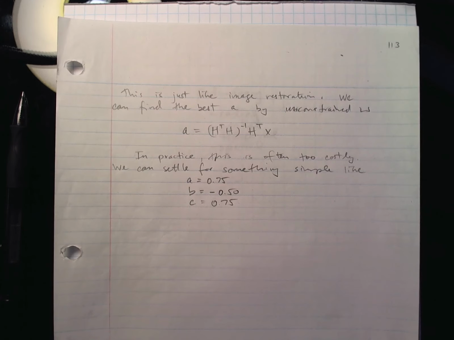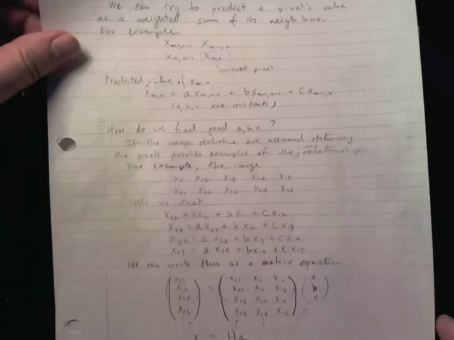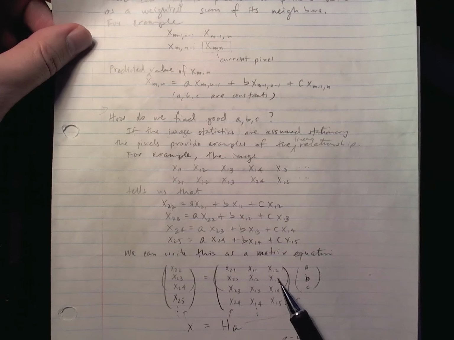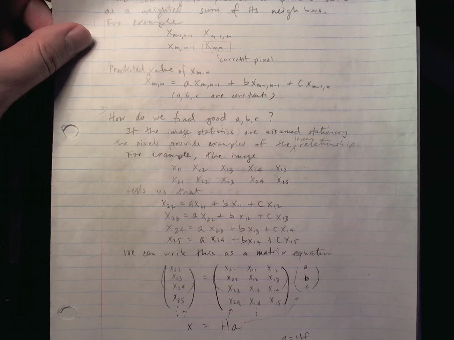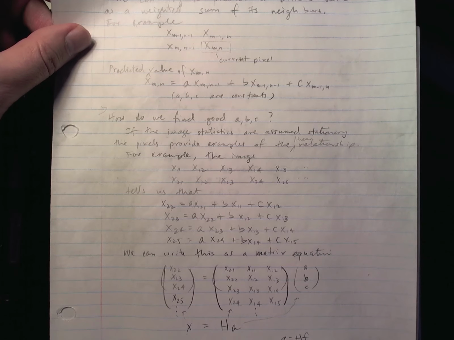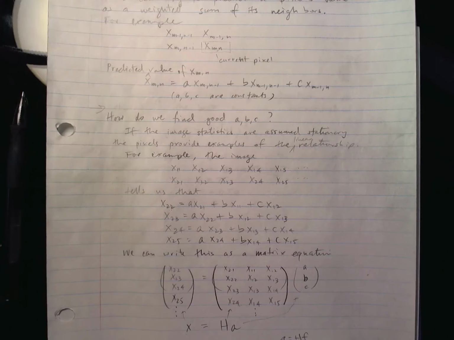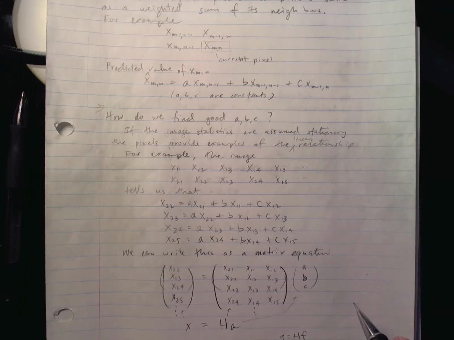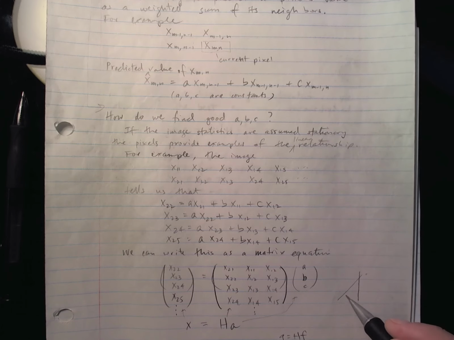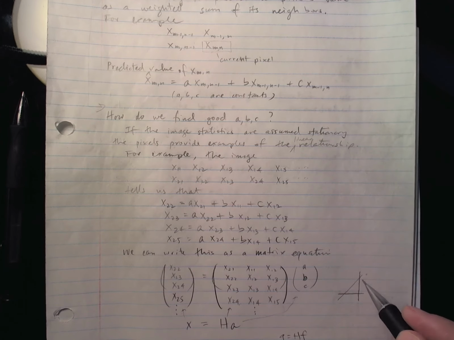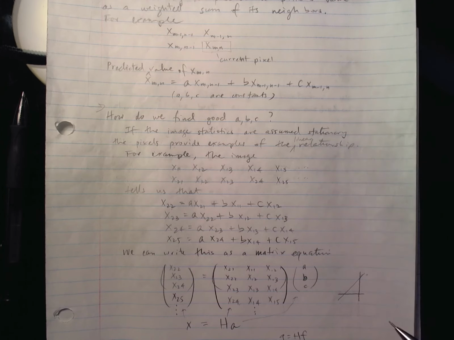Now, in this problem, if we have enough pixels as examples here, we can have a very overdetermined problem. And if you'll remember in least squares what happened when we had an overdetermined problem, do you remember the example where we had several linear equations and they didn't intersect because of noise?